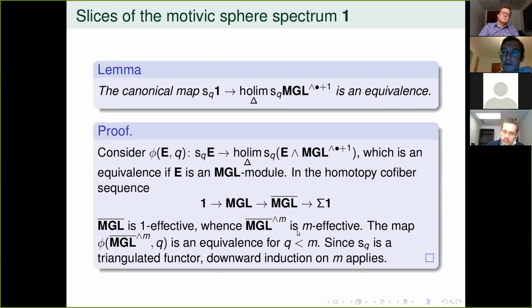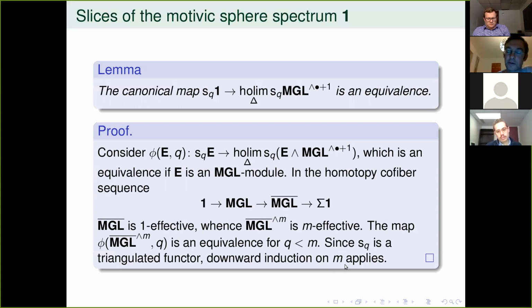So if we have m big enough, bigger than q, then on this map phi both the source and the target are going to be contractible. So it's an equivalence. And then we use the fact that the slice functor is a triangulated functor. This is important now. And then you can use this homotopy cofiber sequence and downward induction.